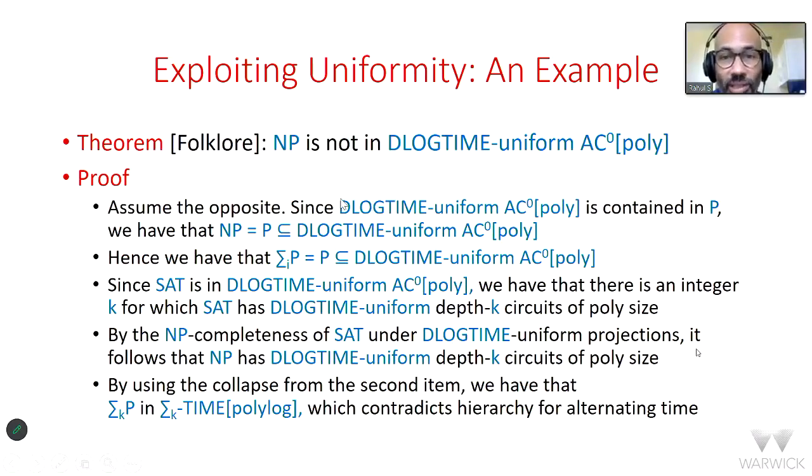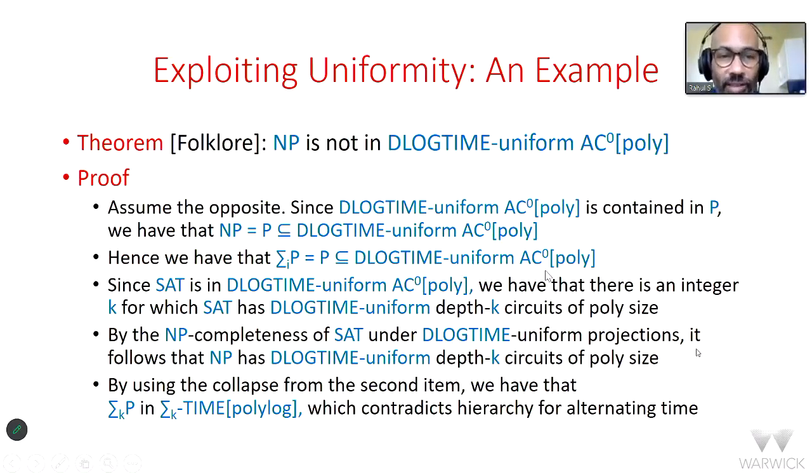You assume the opposite, and then you use the fact that uniform AC0 is contained in P. So if NP is in uniform AC0, then NP equals P. And NP equals P implies a collapse of the hierarchy. So we have that for every integer i, Sigma_i P equals P, which is contained in uniform AC0.